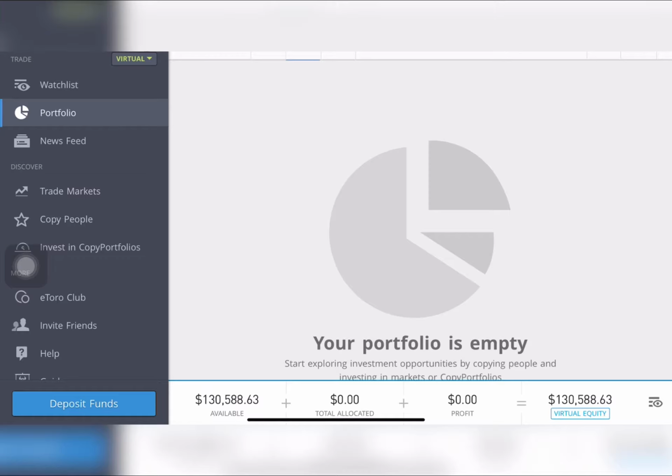But first let me discuss copy trading. eToro is very famous for this copy trading. Why? Because for us, for example, we are not expert traders, right? What we can do is just copy someone who is an expert, put money in their account, copy trade them.